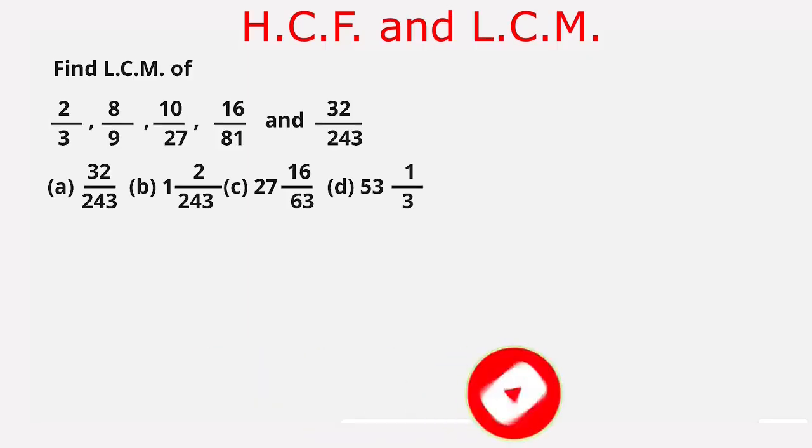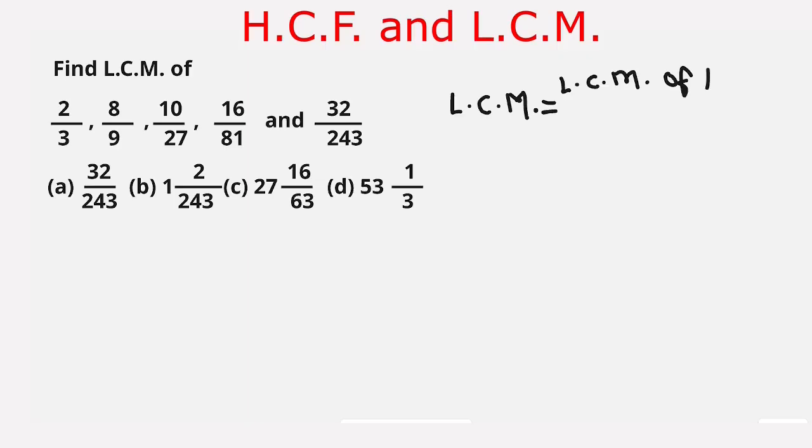The formula for LCM of fractional number is LCM equal to LCM of numerator, I am writing N for numerator, upon H.C.F of denominator. And if you know the formula, then you can reach the answer without solving the given question from the options, as the denominators in all the numbers are 3, 9, 27, 81 and 243, and all the numbers are multiples of 3, and 3 is the smallest number out of all these denominators.